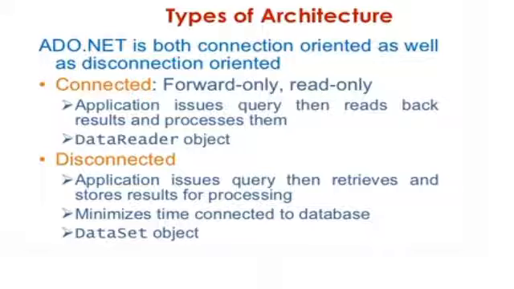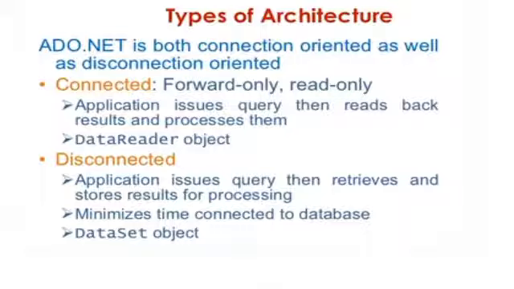In it, the application issues a query, then reads back results and processes them. For that, the data reader object is available, as we saw in the previous slide, which is part of the ADO.NET types of objects. Then the second is disconnected architecture.